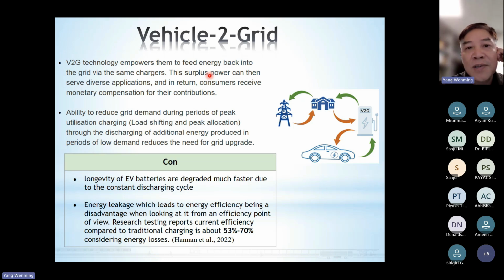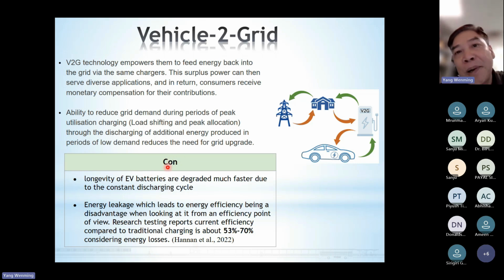Under those conditions, you can feed part of the electric energy back into the power grid. This surplus power can serve diverse applications, and in turn, consumers receive compensation for their contributions. This technology is able to reduce the grid demand during peak hours, correct? And to discharge the additional energy into the power grid.